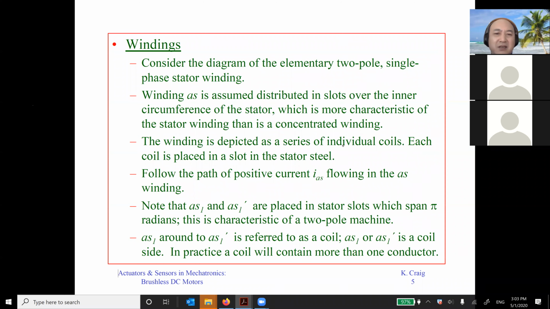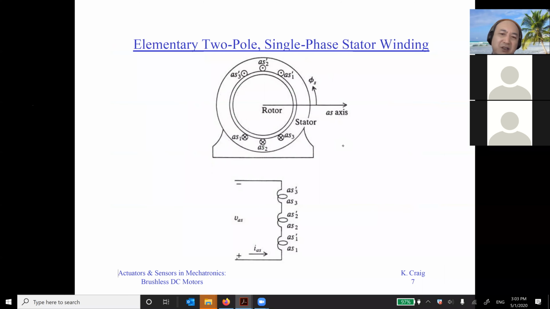So let's go through some pictures here. This is called a two-pole single-phase stator winding. Again, this one goes inside for the conductor, the coil.